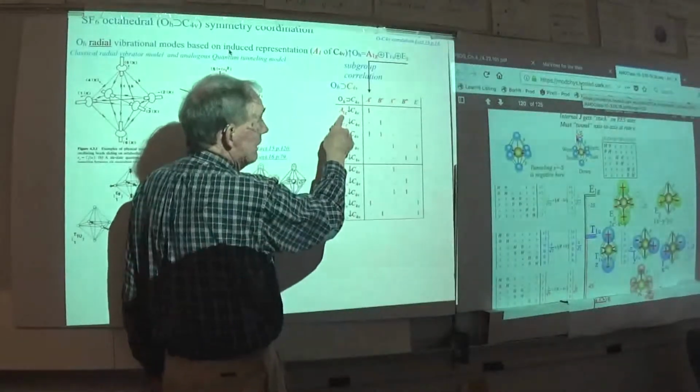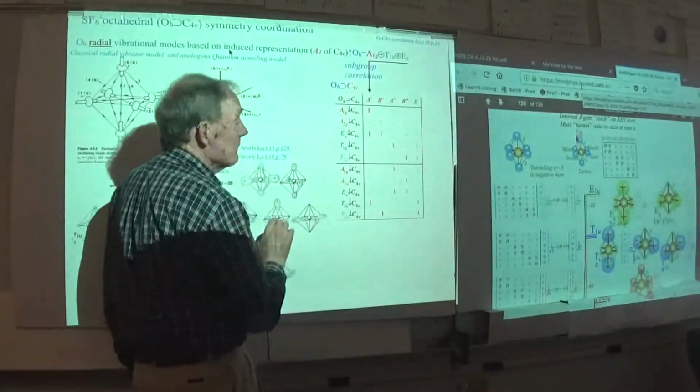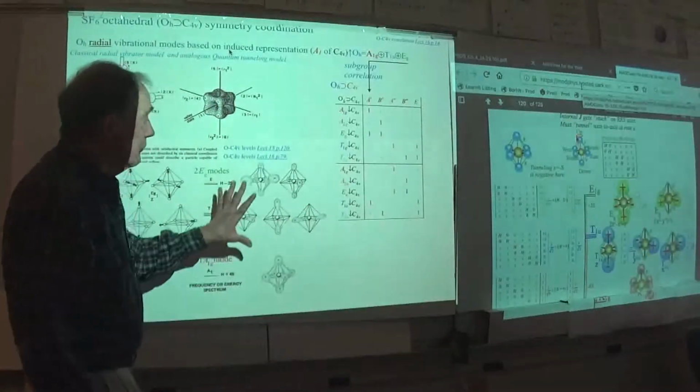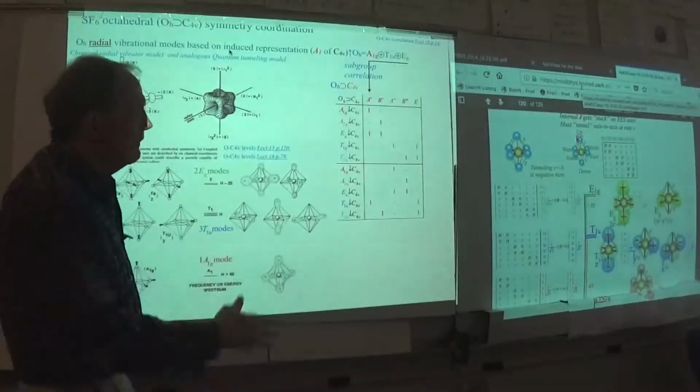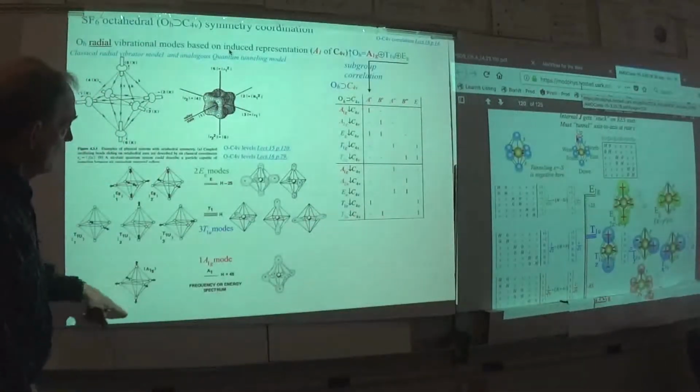And that gave us A1G, EG, and T1U, which are the modes that are shown in these drawings here, this crude old drawing here and that monstrosity over there. And this is what we're interested in right here.